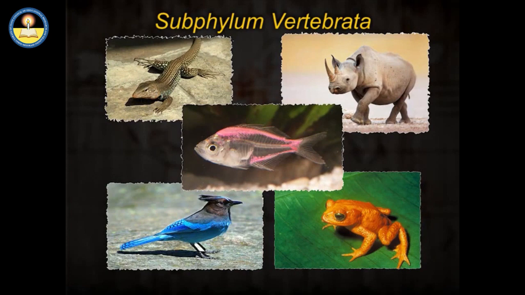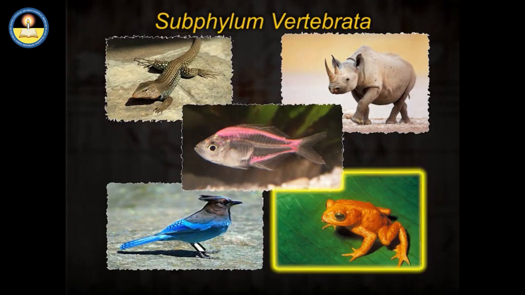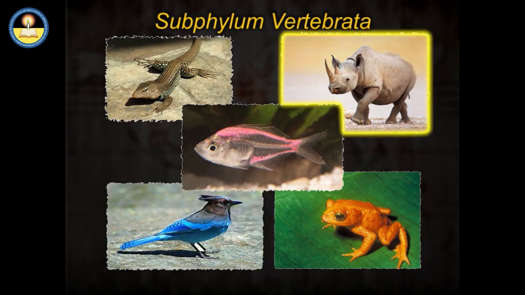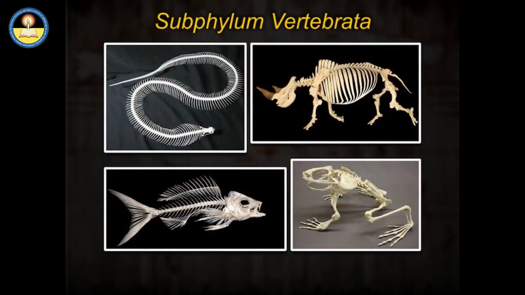Vertebrates, which include fishes, reptiles, amphibians, birds and mammals, share a common feature of a vertebral column. A chain of bony elements, that is vertebrae, runs along the dorsal surface from head to tail and forms the main skeletal axis of the body.